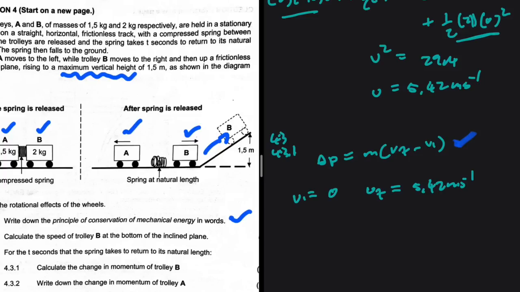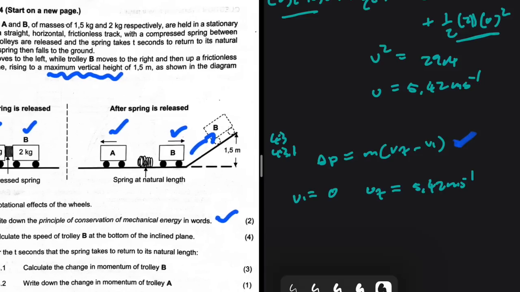Okay, so we are looking for the change in momentum. Well, momentum is a vector, so we need to decide on a direction. Let's take direction to the right as positive, right? So we're going to have delta P being equal to the mass 2, Vf is 5.42, minus Vi, Vi is 0, right?